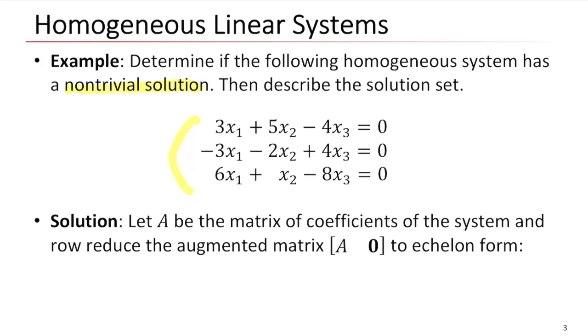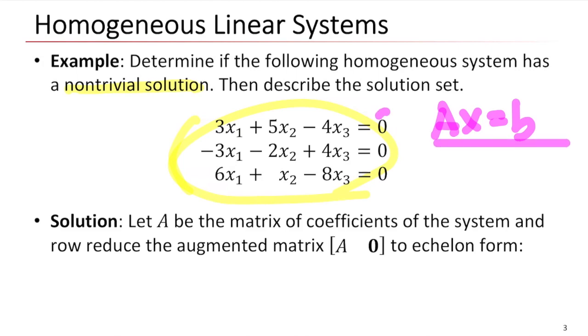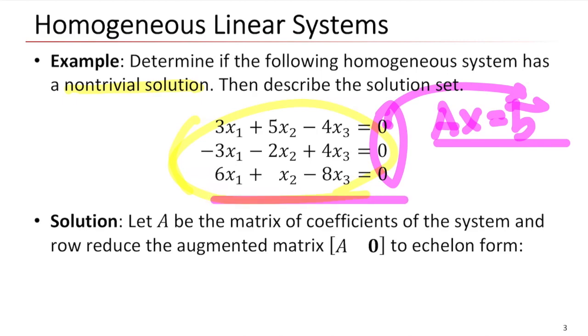Okay, first of all, why is this system a homogeneous system? Because it can be represented as Ax equals b, where the right-hand side is the vector b, right? So first of all, to solve this linear system, what should we do?